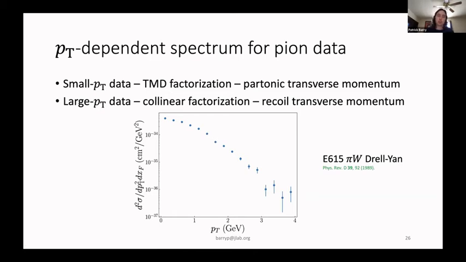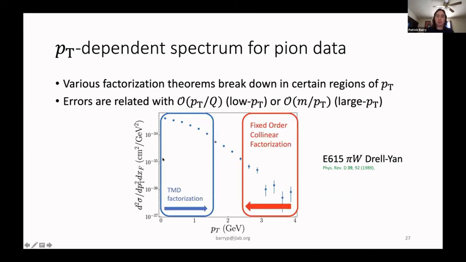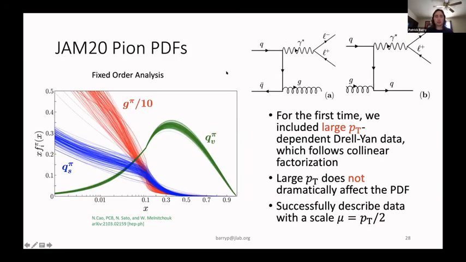So it's actually coming from a recoil of a recoiled parton coming off of a parton line in the hard part. So this follows collinear factorization, and there are different varying regions in the PT spectrum where these hold. So this is, for instance, the fixed order analysis that we performed with including the large PT dependent Drell-Yan data.